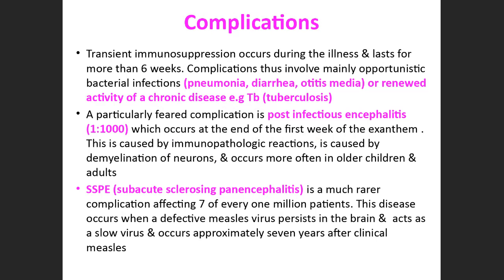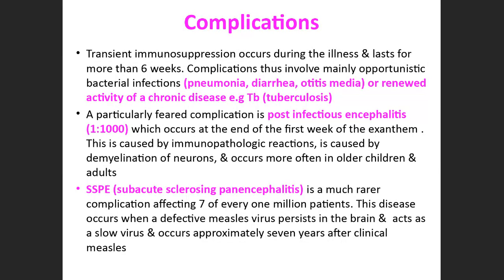Complications. What are the complications of measles? Here, what happens? Immunosuppression occurs, first of all, during the sickness, and it lasts for around 4 to 6 weeks. And obviously, when there is immunosuppression, many opportunistic bacterial infections occur, like pneumonia, diarrhea, otitis media, or renewed activity of a chronic disease.